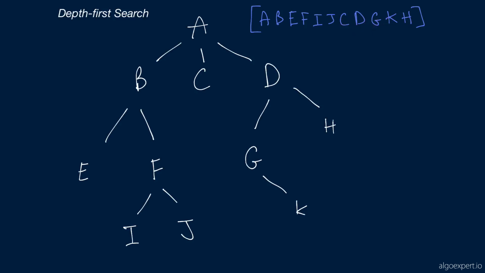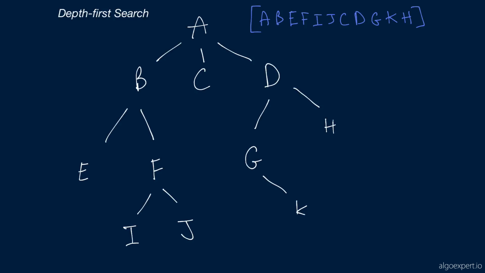So how does depth-first search work, right? Well, as its name suggests, we're going to be going deep rather than wide. In other words, we're going to explore a specific branch, probably the first branch in our graph, all the way down as deep as we can before exploring the next branch.